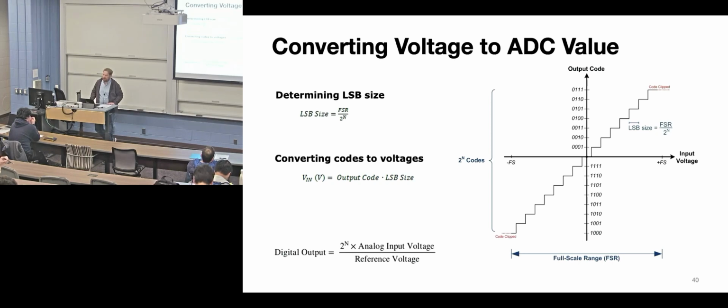So for converting the code to analog, you have the output code times the reference voltage over 2 to the n. Why isn't it 2 to the n minus 1? I guess it should be 2 to the n minus 1. Oh, my apologies.